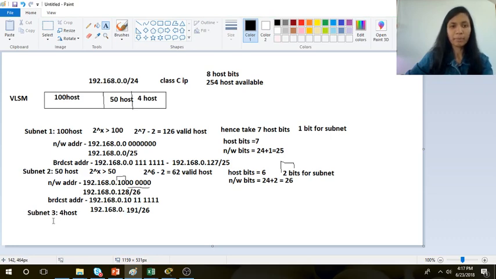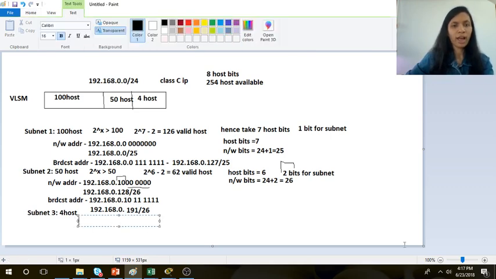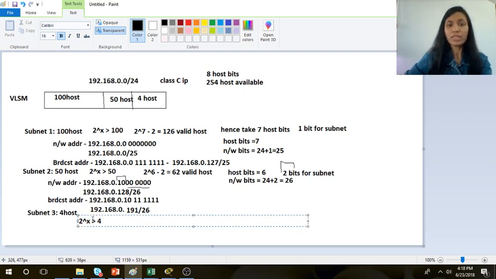Then for the third subnet, wherein you have got 4 host bits, so you are going to have 2 raised to x should be greater than 4, you cannot have equal to, because you require 2 additional addresses, one will be used as a network ID and another will be used as a broadcast address.